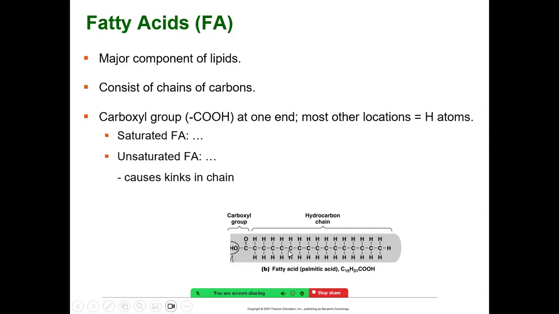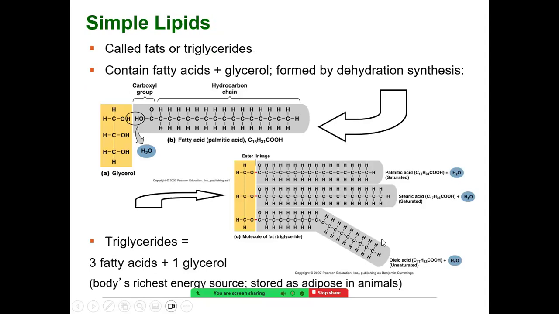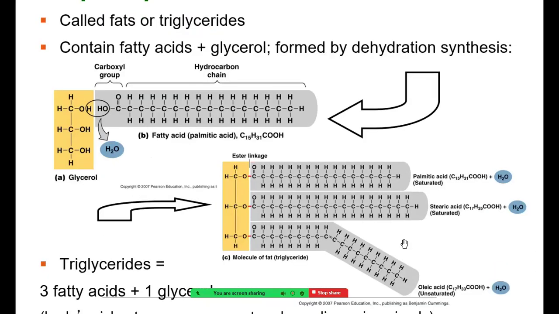Wherever there's an unsaturated link, it'll cause a kink in the hydrocarbon chain, which I've got, I believe, in the next slide here. And blow this up a little. So right there, we have an unsaturated fatty acid with a double carbon bond, two covalent chemical bonds linking the carbons together.